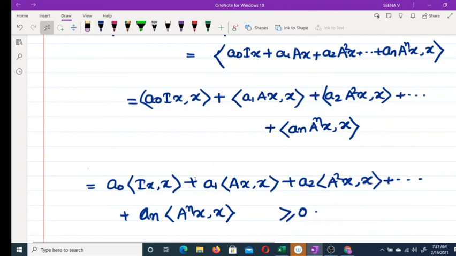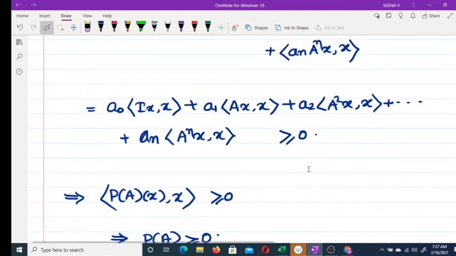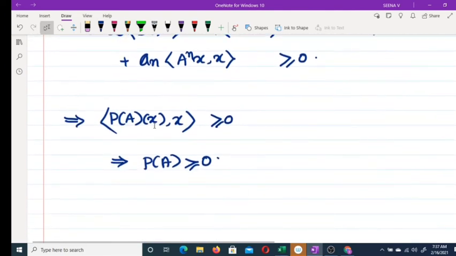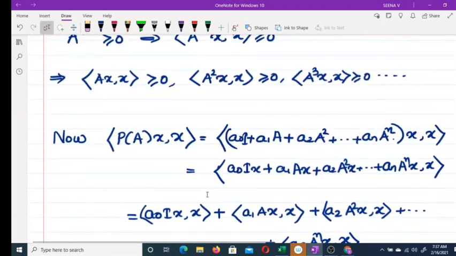But we know that all these terms are greater than or equal to 0 and all coefficients are greater than or equal to 0. Therefore, this is greater than or equal to 0. This implies inner product of p of A x, x greater than or equal to 0. This implies by order relation p of A greater than or equal to 0. Hope everything is clear.